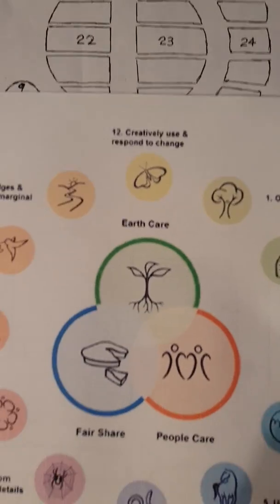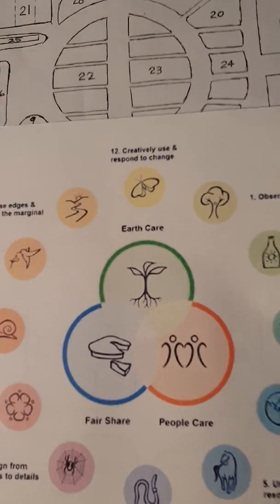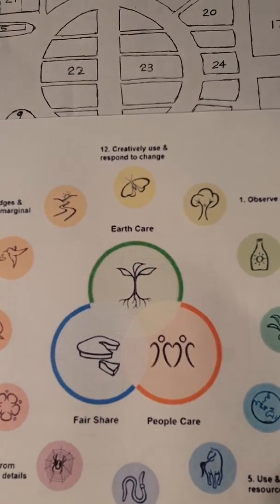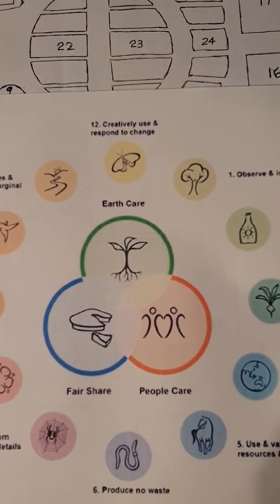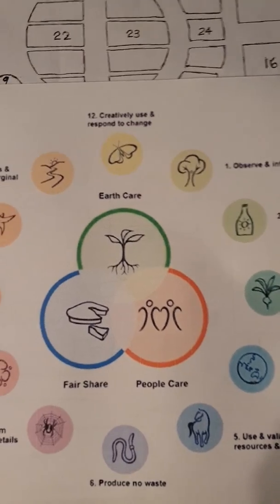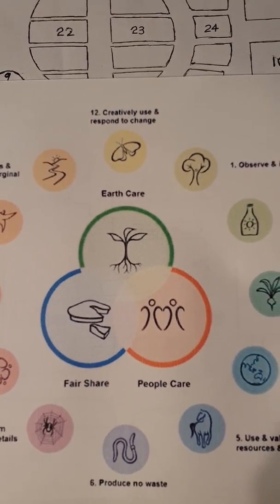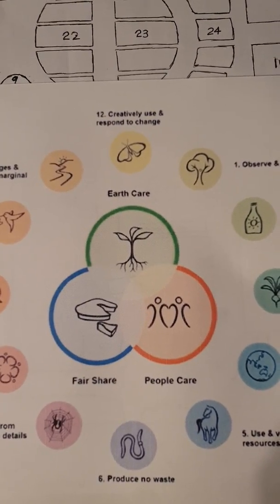So there we have it. I've attempted to design a garden that reflects the 3 basic ethics, the 12 principles of permaculture, and everything that I've learnt in the previous modules of this course. I've tried to tie it all together, bring everything into this garden.